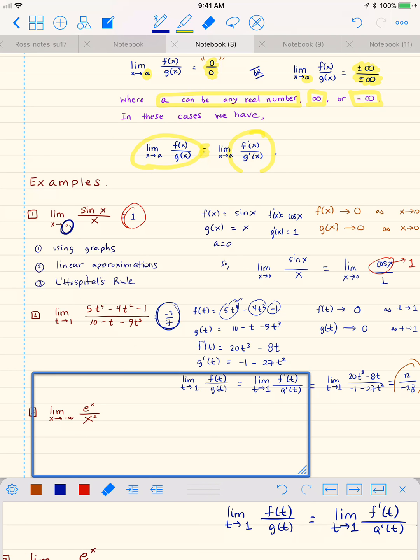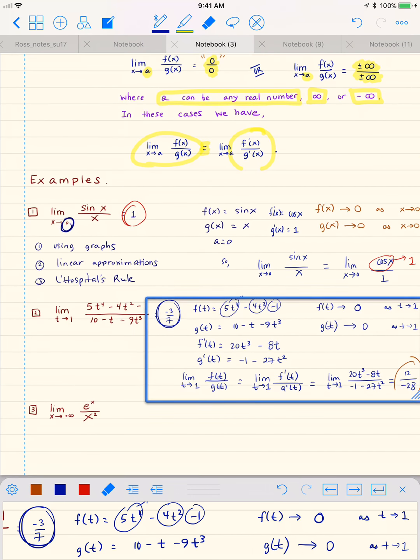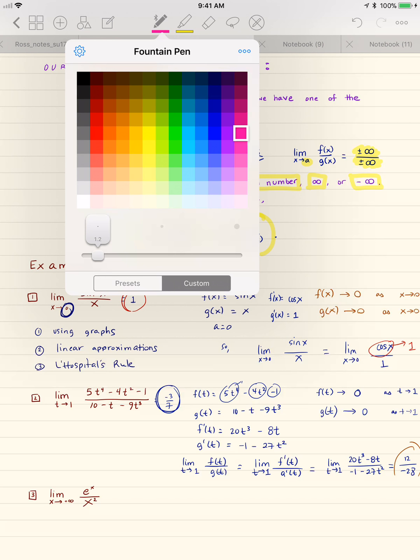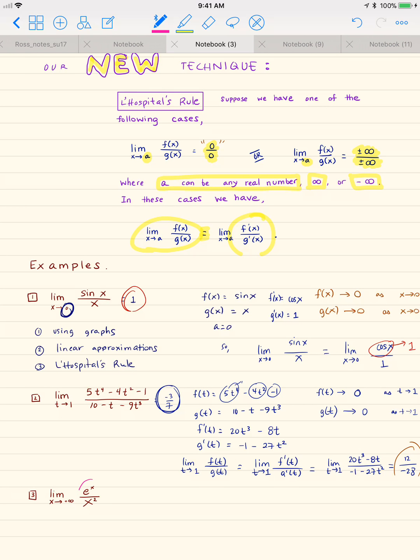All right, and let's look at this last one here. So for the last one, the numerator is going to go to plus infinity as x goes to plus infinity, and the denominator also goes to plus infinity. So we're of this form over here, right? This is our indeterminate form, plus infinity over plus infinity.